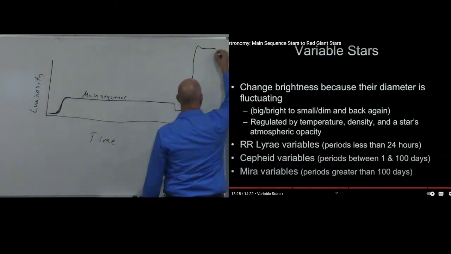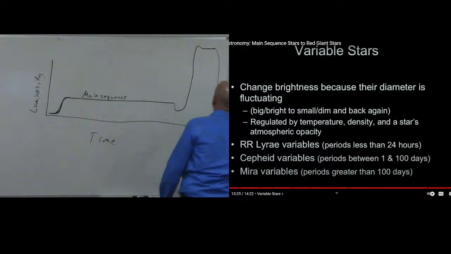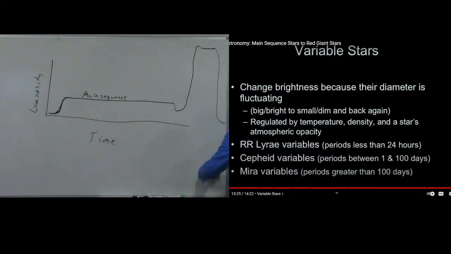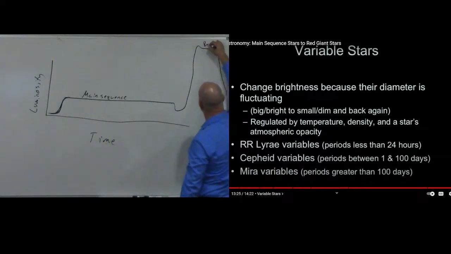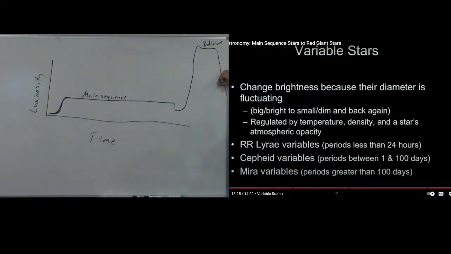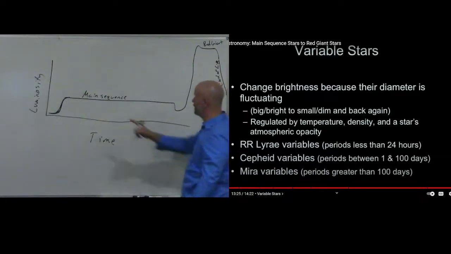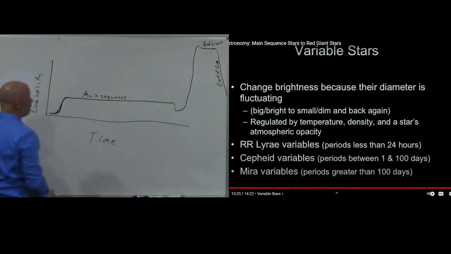Then, depending on my end of life, I may do something. This is variable, so I'll just draw it like this. What phase is this? Red giant. And then this is going to be end of life. So this is luminosity over time.